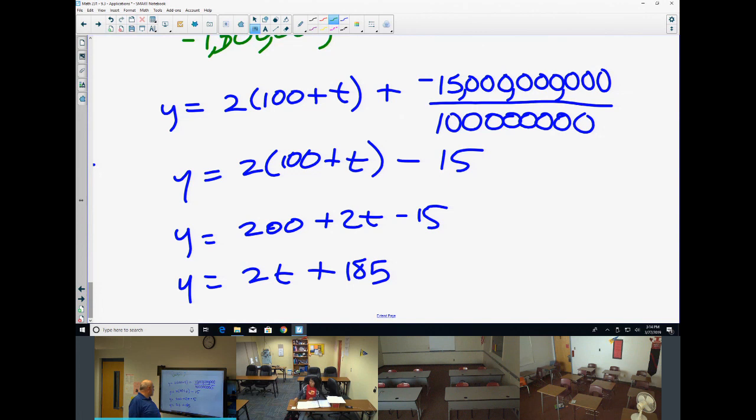Where would I plug in the 10? In the t. So 2 times 10 would be 20, and 20 plus 185 would be 205. So after 10 minutes, there would be 205 pounds of salt in that big mixture.